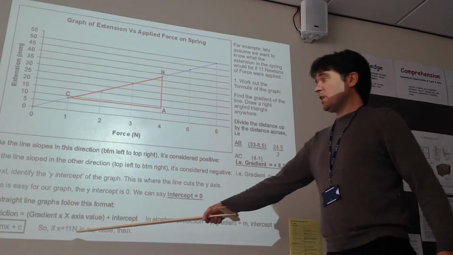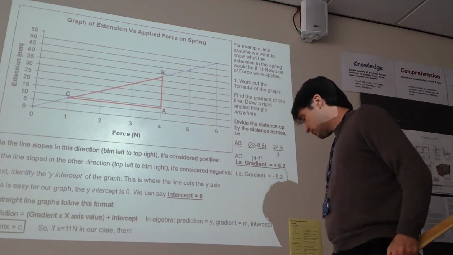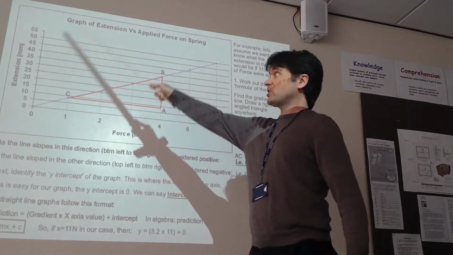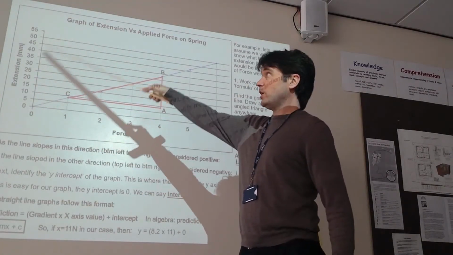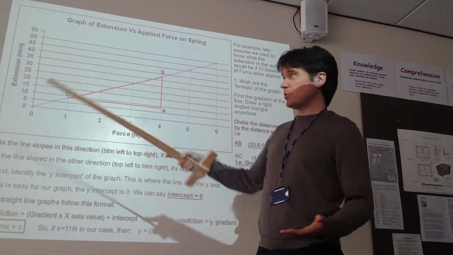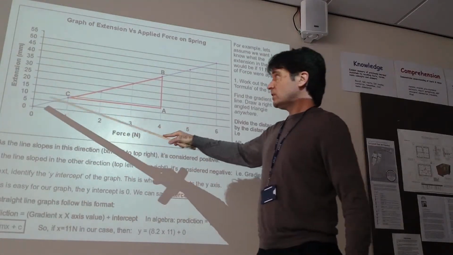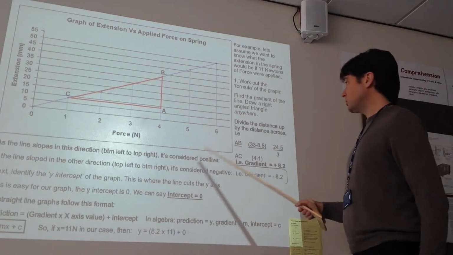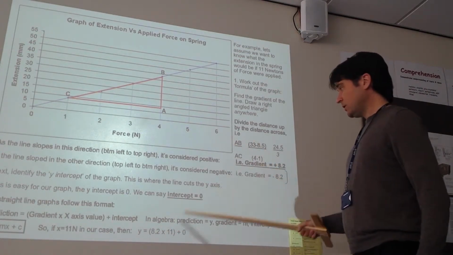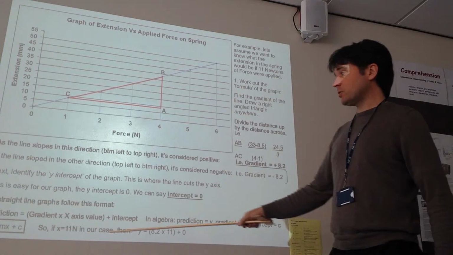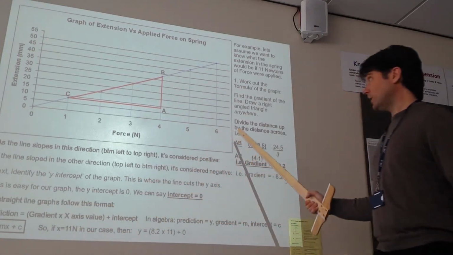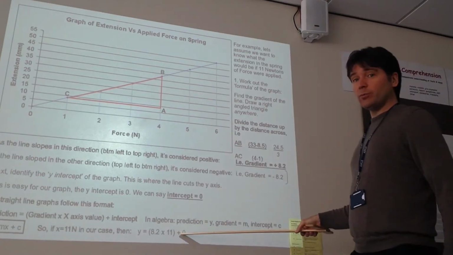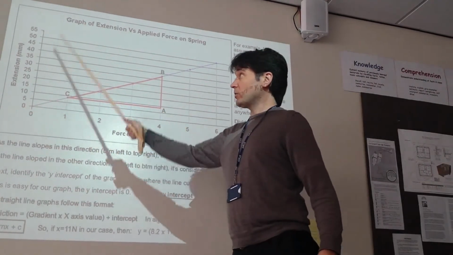So if x is 11, because 11 newtons, then y equals, this is your y-axis, so the extension, whatever axis is there, it might not be extension in millimetres, this works for any straight line graph. So the extension, y equals 8.2, which is your gradient, times by 11, because that's the number we want to know, the x value, 11 newtons, plus 0, because the line cut the y-axis at 0.